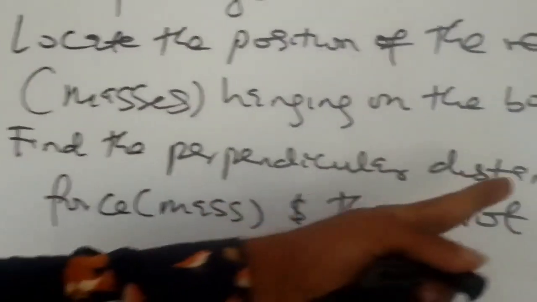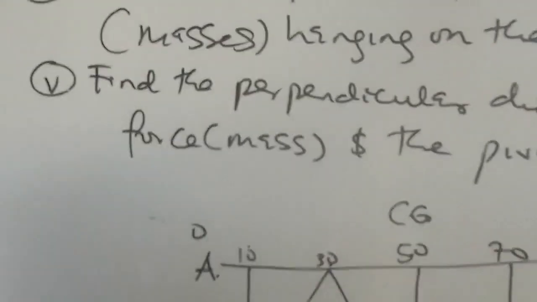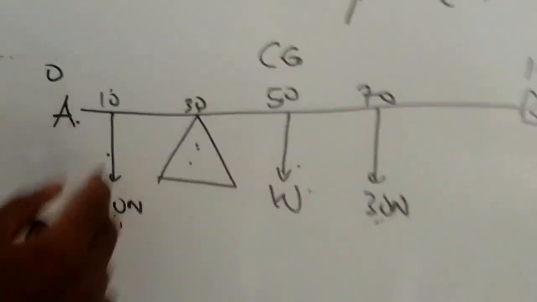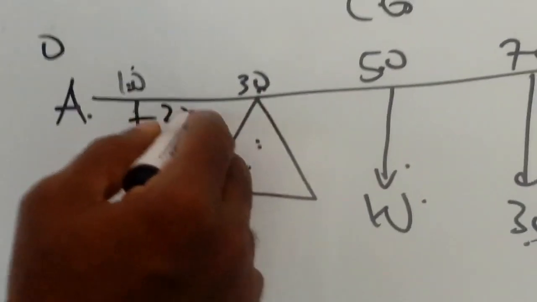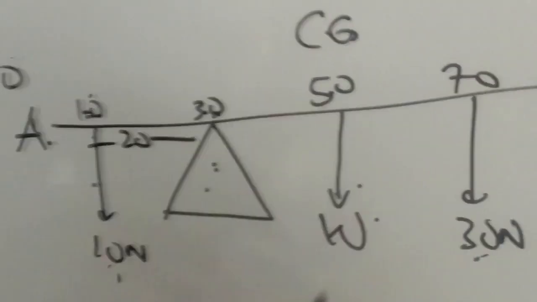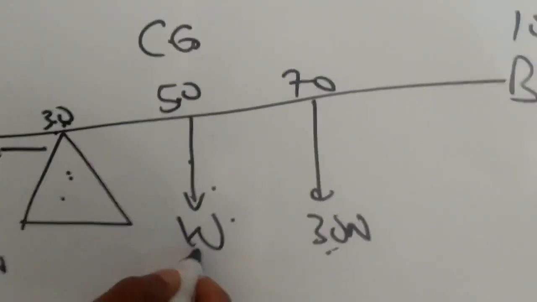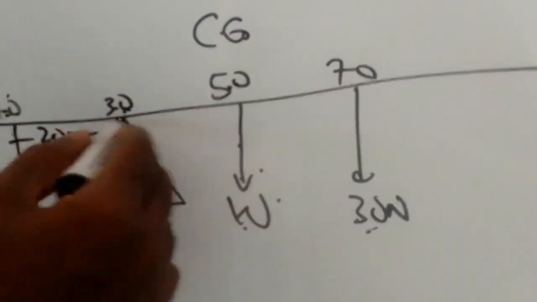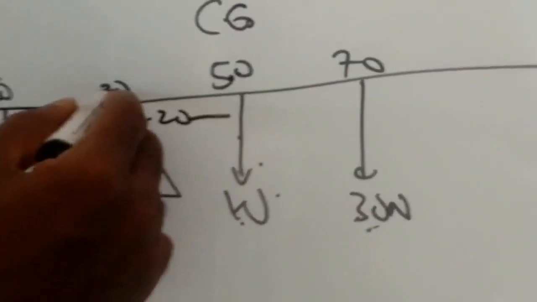The next thing is you find the distance between each force or mass and the pivot. So this is the pivot. From 10 to 30, the distance is 20. That is 30 minus 10. The distance between the weight and the pivot, because the weight is also a force, is 50 minus 30.